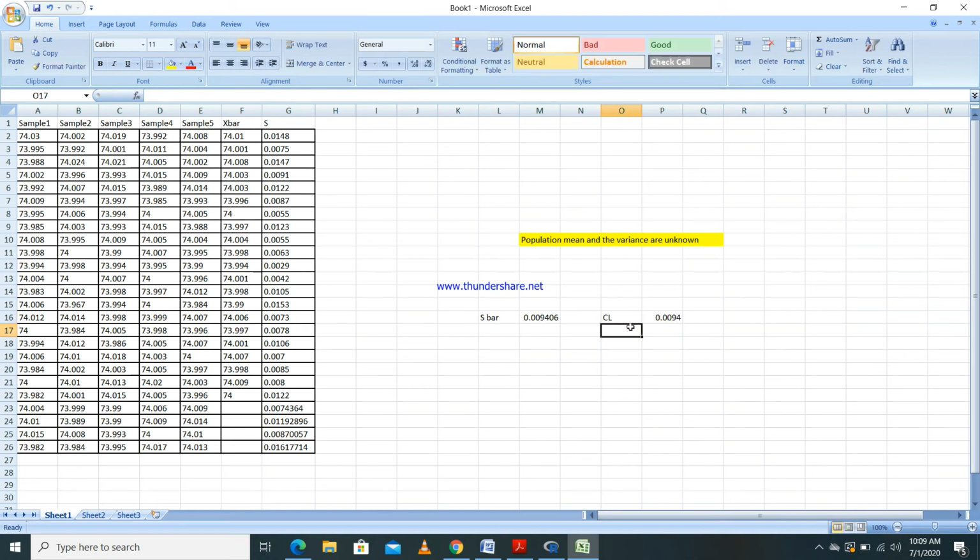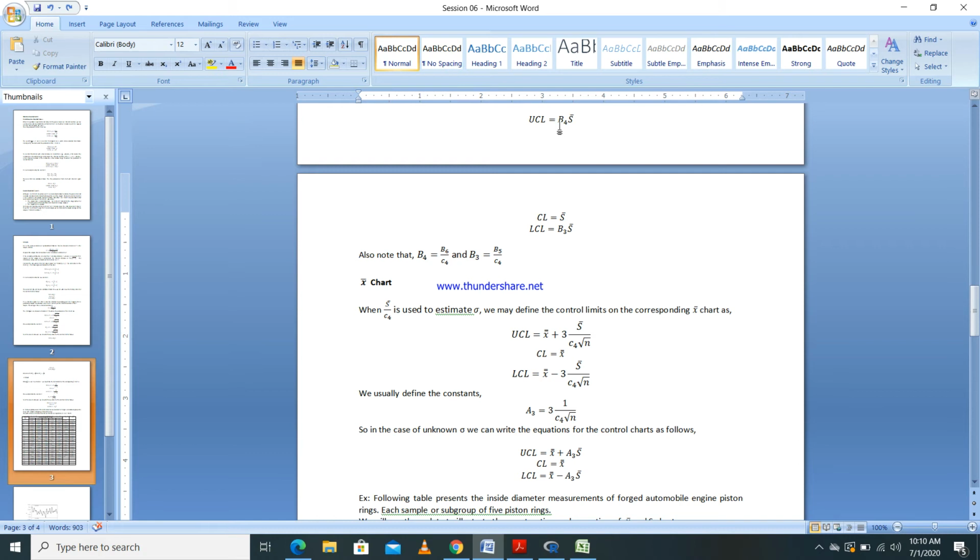Now we want to calculate the upper control limit and then the lower control limit. If you look at the equation of the upper control limit, that is B4 times S bar. S bar we know, now we have to find what B4 is.